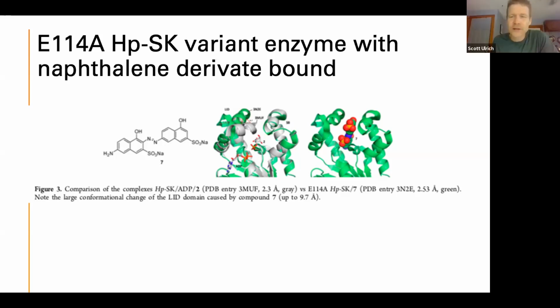But this thing is weird looking. I don't know where this came from, because that is not an inhibitor looking molecule. That looks more like a pH sensitive dye, like a pH indicator or something like that.